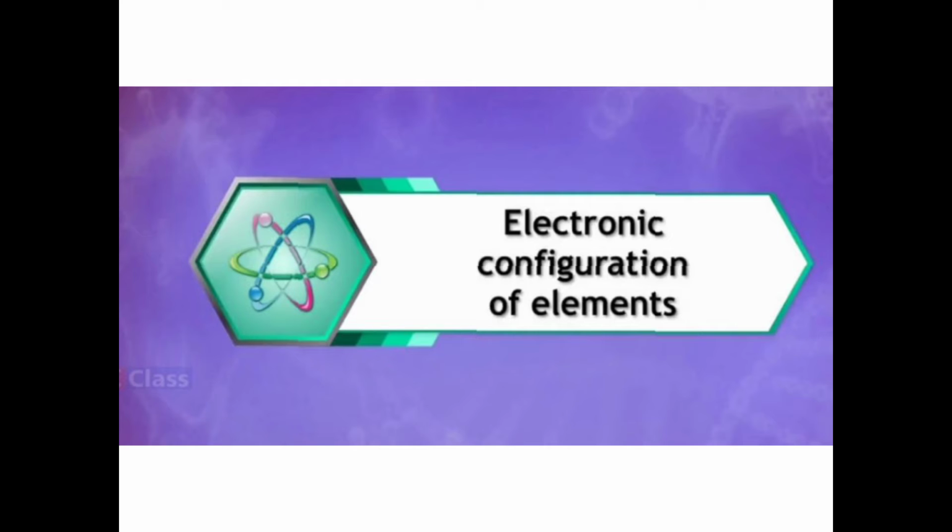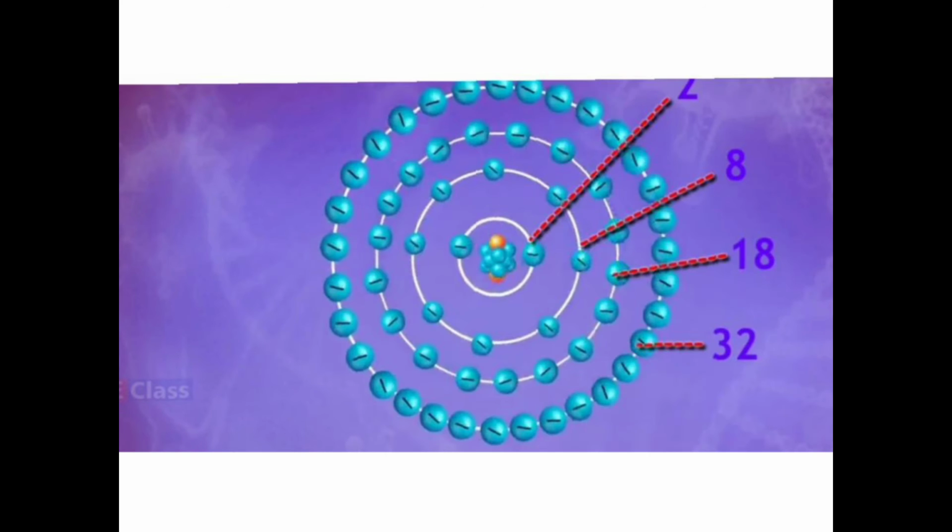And only after filling the first shell will the electrons go to the second shell. It is not possible that all 8 go together into the second shell. So in the first shell the 2 electrons will go, and then 8 minus 2, that is 6 electrons will go in the next shell.